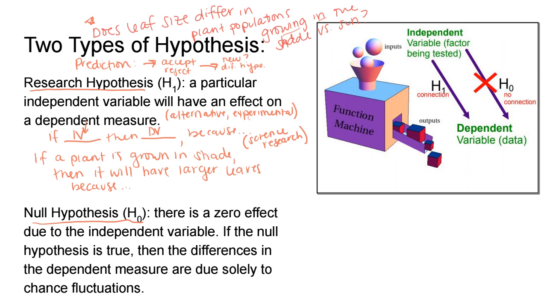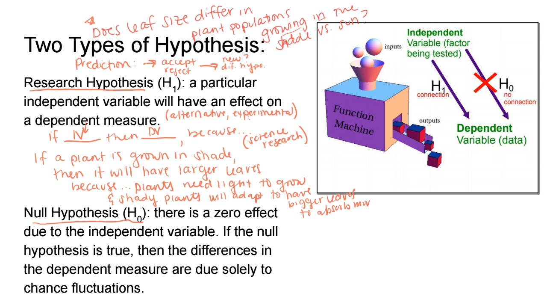So your because would be because plants need light to grow, and shady plants will adapt to have bigger leaves to absorb more sun, something like that.